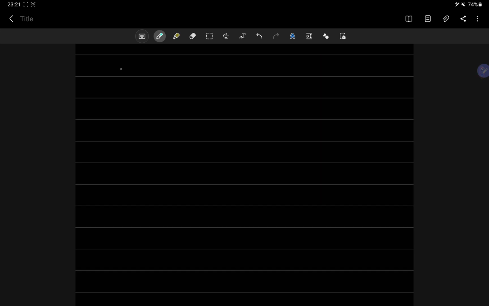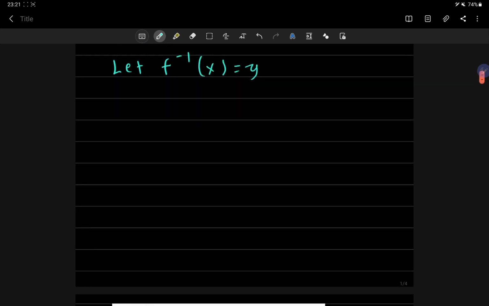For the next part, let's find f inverse of x for the function given. The first step, we let f inverse x equal y, and then f(y) equals x. So it becomes 7y plus 2 equals x.